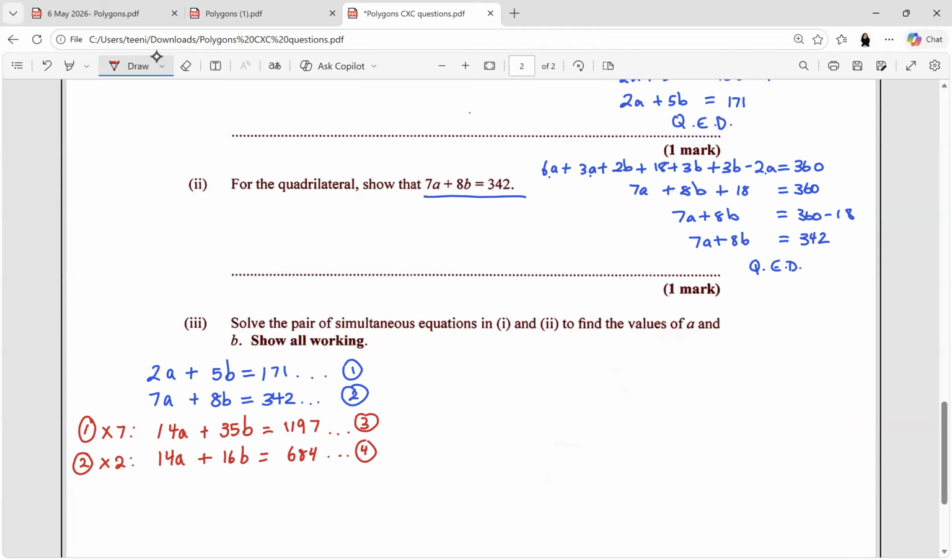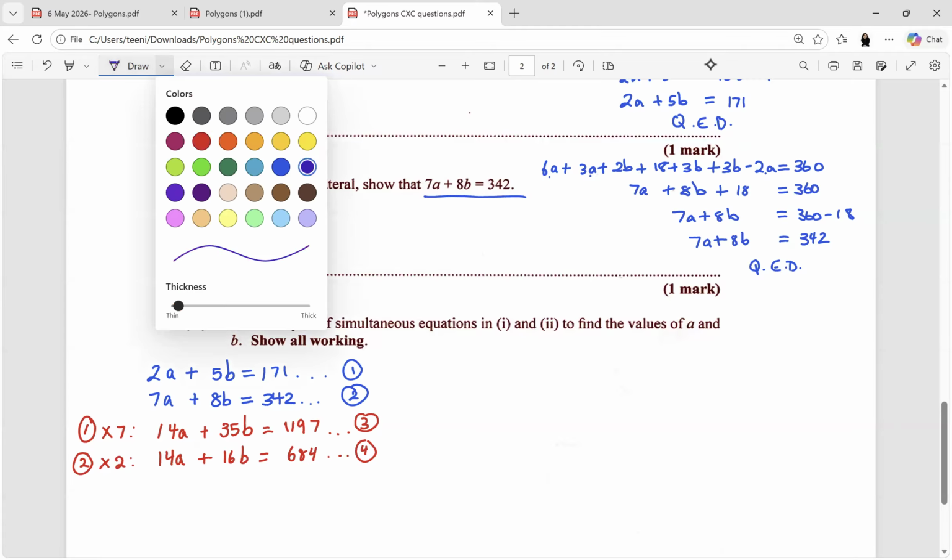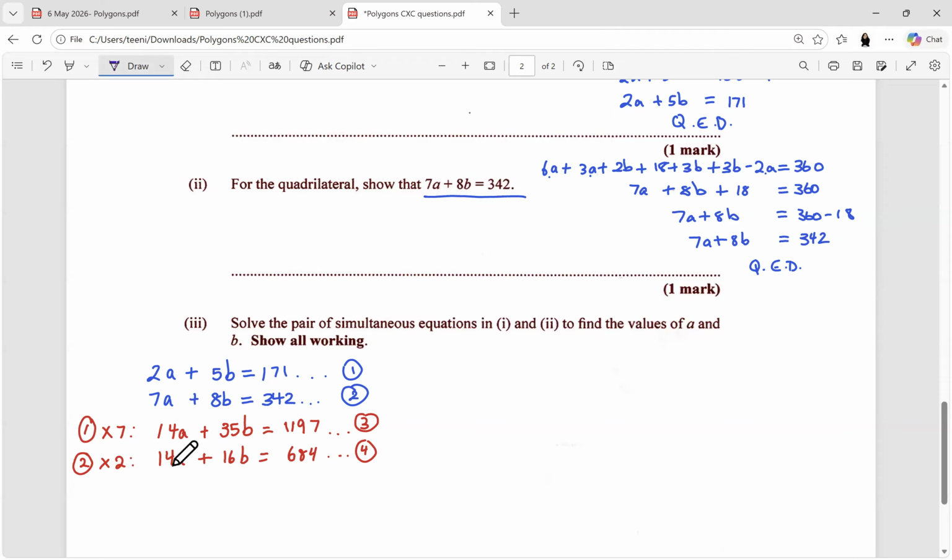And now I can go ahead and use my elimination method because both A's have the coefficient of 14 in equation 3 and 4. So they have the same coefficient and they're both positive. So I will subtract the equations. So I'm going to say equation 3 take away equation 4. So 14a take away 14a will give me 0a. 35 take away 16 is 19.